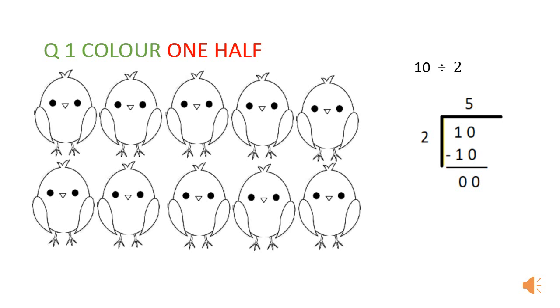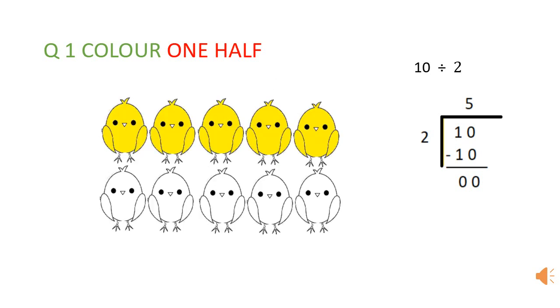When you divide 10 by 2, you will get 2 5s are 10. That means I have to color 5 chicks. Half of 10 is 5. So here I have colored 5 chicks.